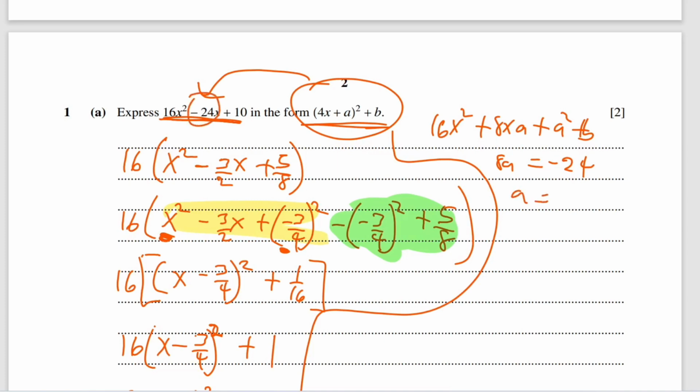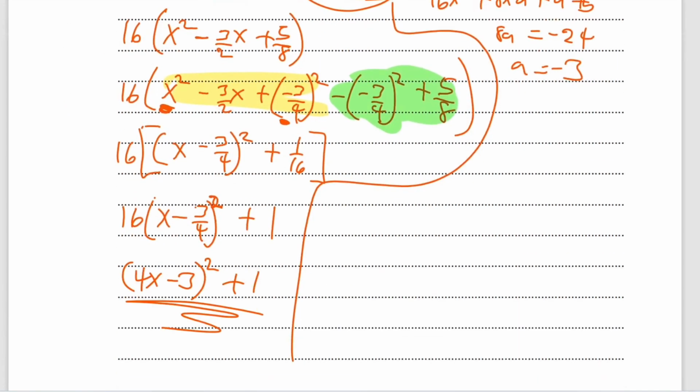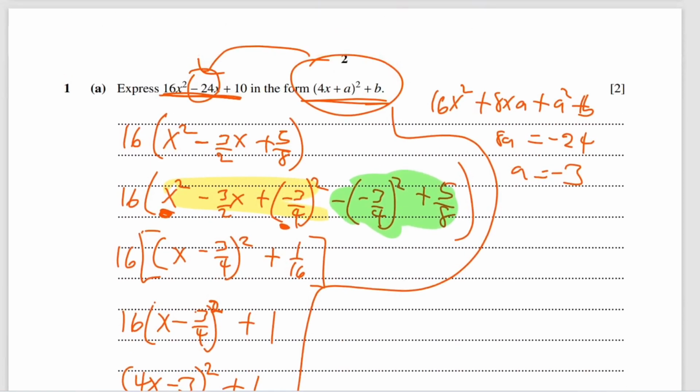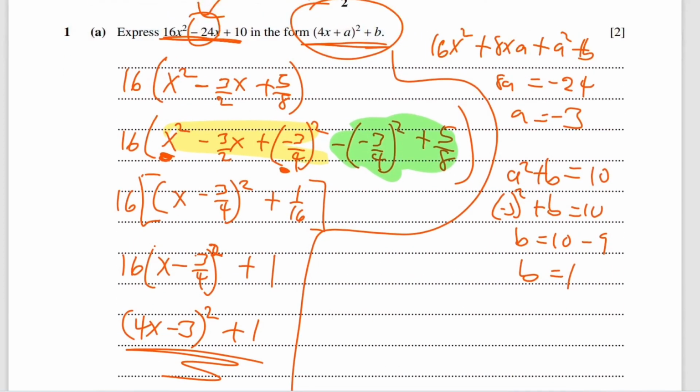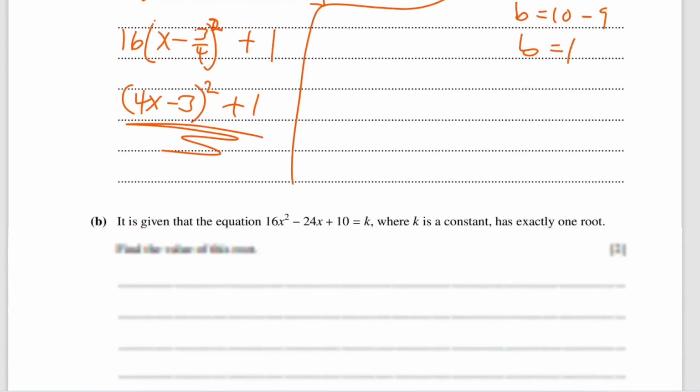Okay, so a is negative 3, just like the way we got the negative 3 there. And now if you want the b, a squared plus b is the constant, and that's 10. So you have negative 3 squared plus b equals 10, which is 9, right? So this is minus 9, b is 1, just like the way we also got the 1 there. So like I said, any is fine. I just wanted to show you the method on the left hand side, okay?